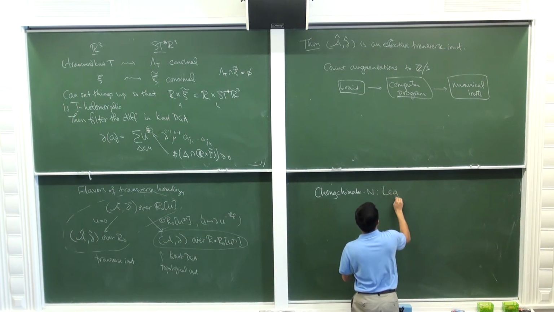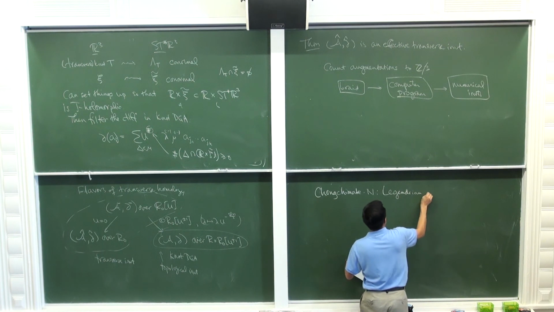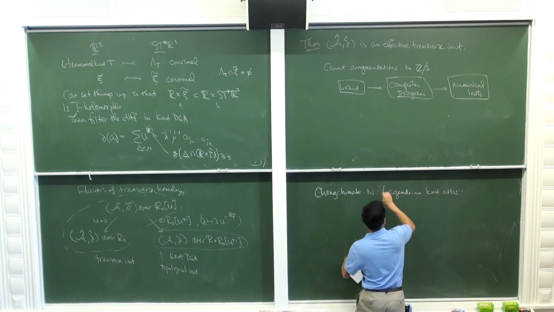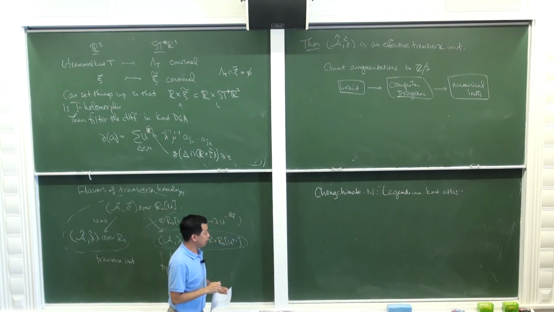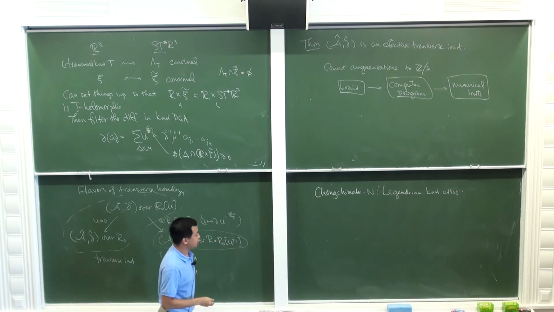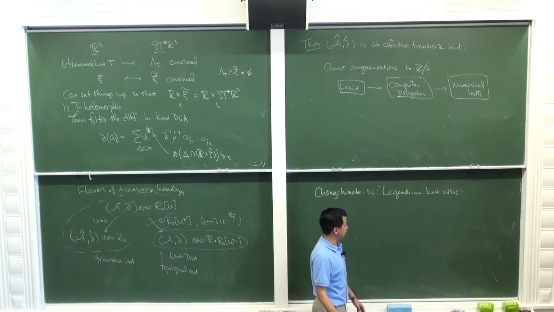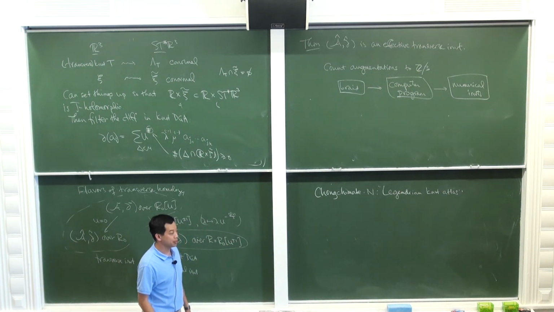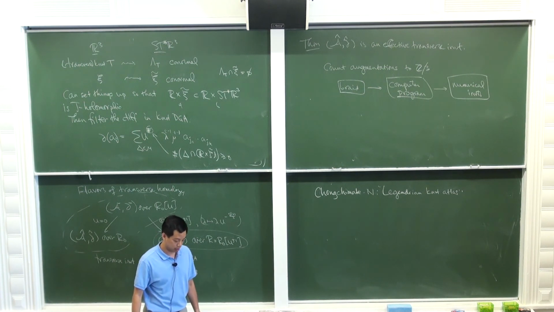We came up a few years ago with what we call a Legendrian knot atlas, which essentially is a conjectured enumeration of all Legendrian knots, in particular knot types with arc index at most 9.